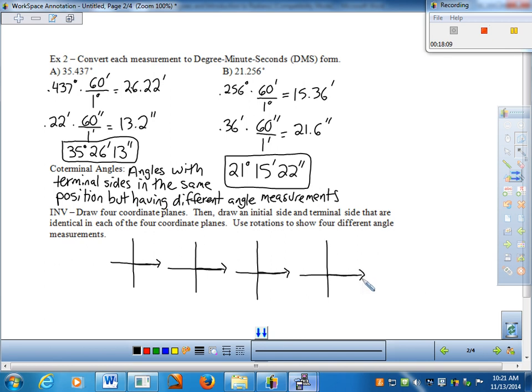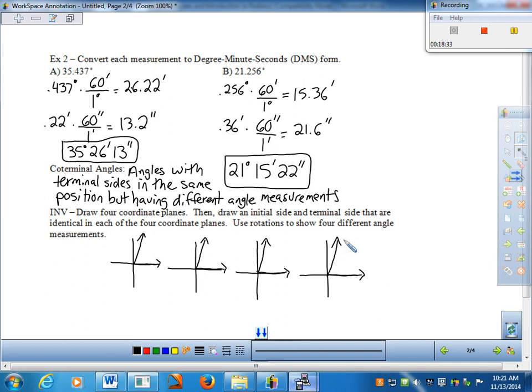So I have my initial side of the angle, and then the terminal side identical in each of the 4. Now you guys can draw this wherever you'd like. I'm just going to draw it up there. And it doesn't have to be perfect. I think the idea will come across no matter what. But basically try to draw a terminal side in the exact same spot that you did in the first coordinate plane. So something like that.